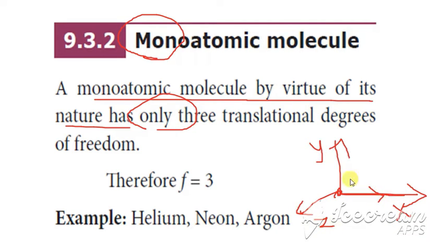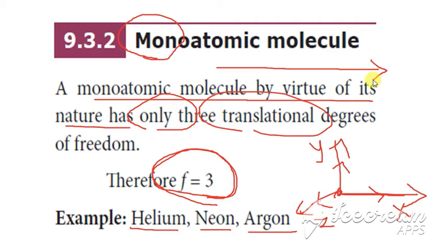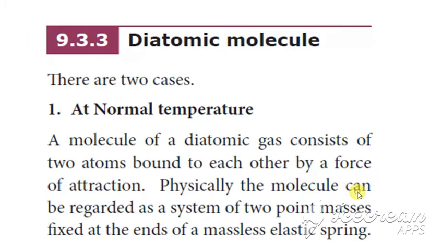So it is moving along the 3 directions, and so the degrees of freedom is 3. Examples are helium, neon, argon. What is meant by translational is when it is moving in a straight path. Clear?